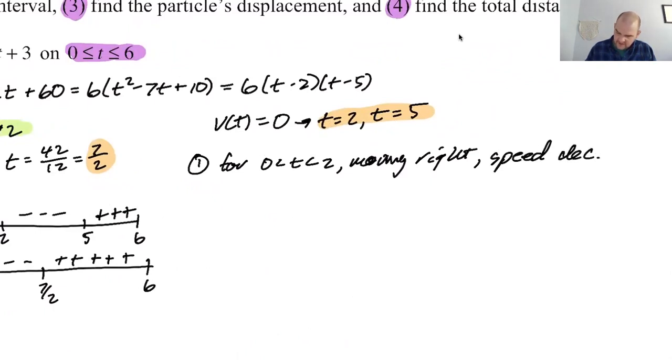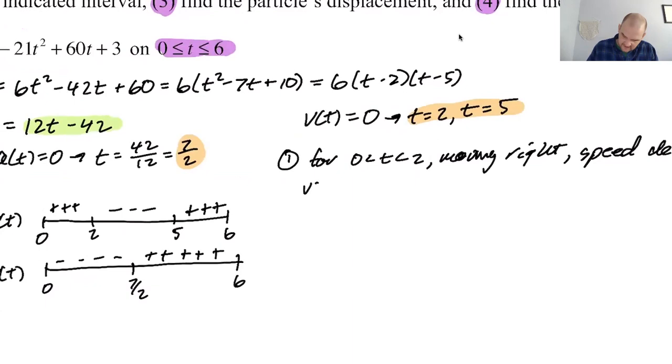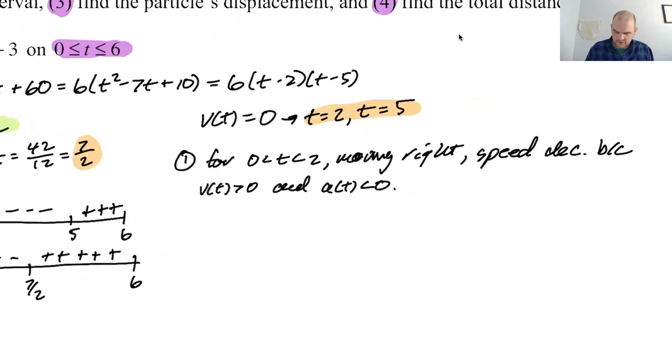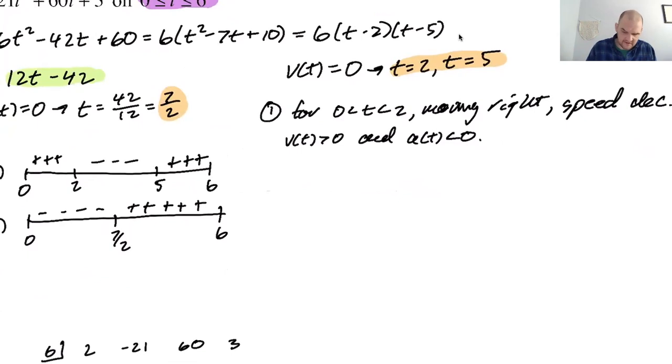Moving right, speed decreasing, because you're moving right since v of t is greater than 0, and a of t is less than 0. So v of t being greater than 0 means you're moving to the right. V of t and a of t having opposite signs means speed is decreasing. So you explain that for the whole region.